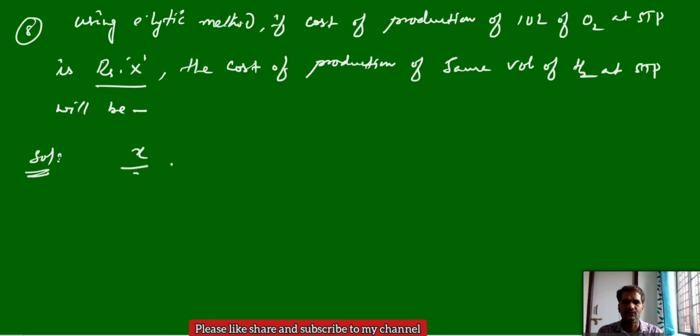X by 2 rupees. Why? Because production of hydrogen and oxygen are in 2:1 ratio. Hydrogen to oxygen, the ratio is 2:1. Then for oxygen we require X rupees, means for hydrogen you require X by 2.